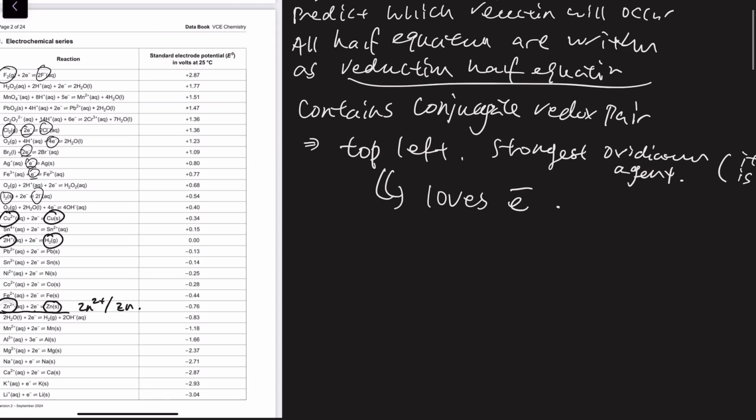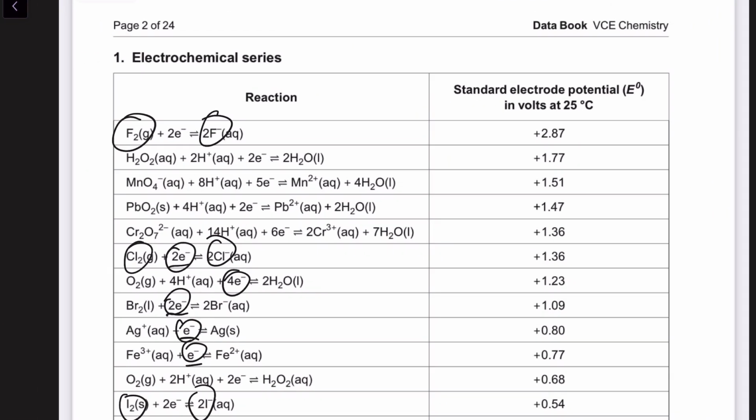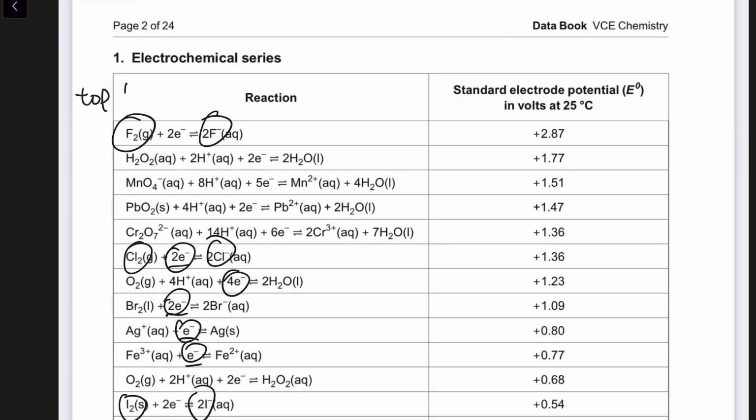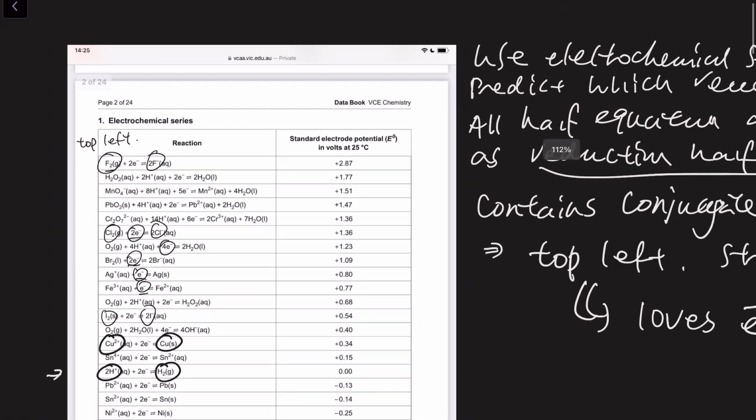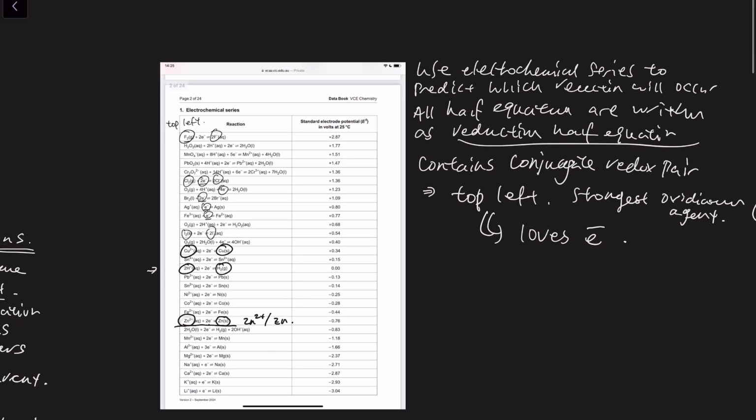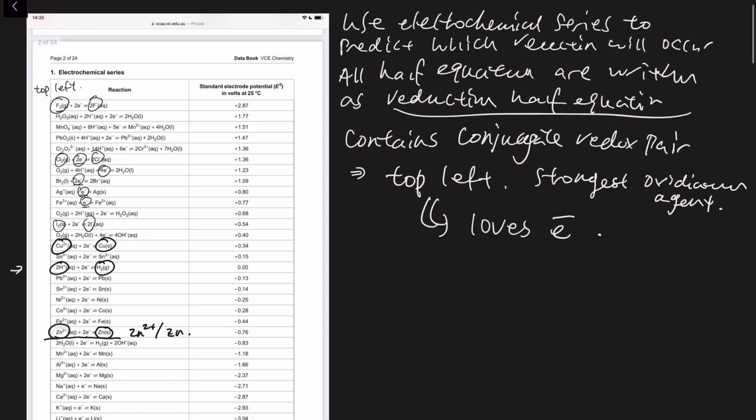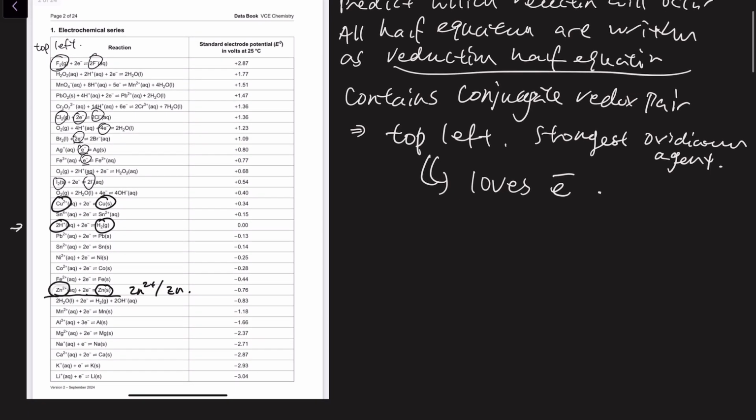So where is top left? So here is top left. Actually, it is fluorine gas that is the strongest oxidation agent. It really wants to gain electrons to become fluoride ion. So fluorine gas is very reactive.